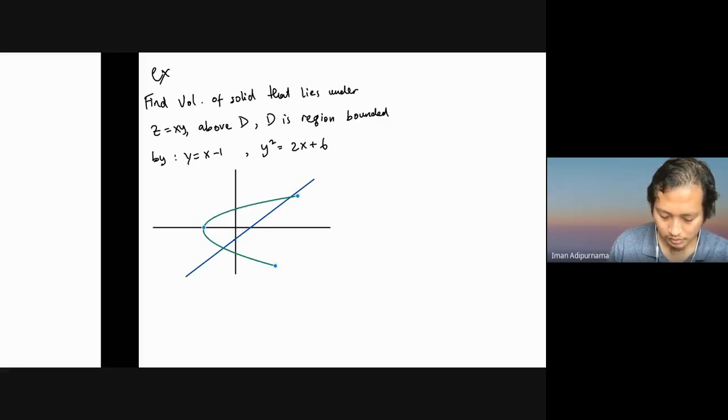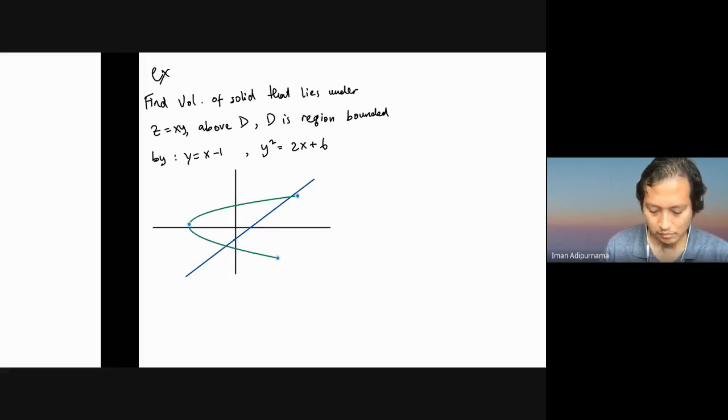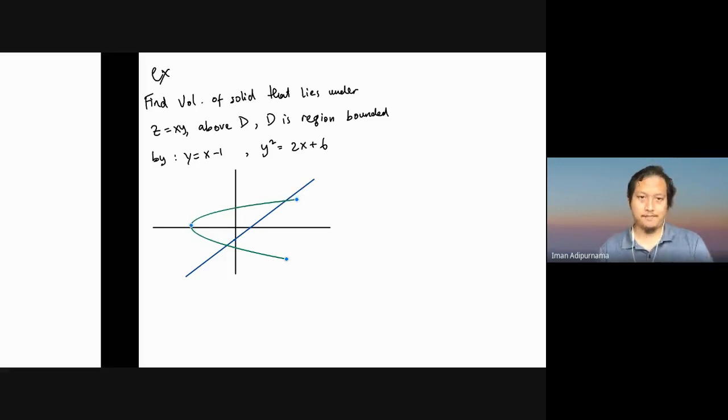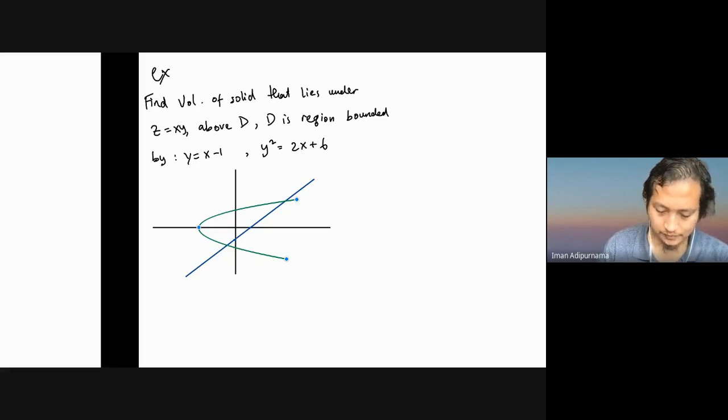Actually, I'm just randomly drawing the parabola, but let me make it make more sense. Okay. I think that should be good enough. So we need to find the area inside, right? As our region D.